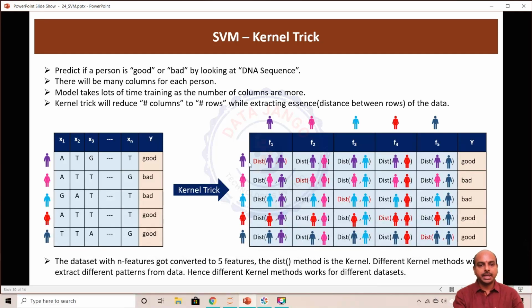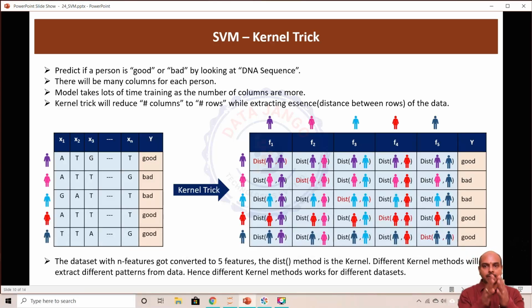Ultimately, each record is taken as a landmark. Suppose the columns are landmarks and rows are the original data records, then the distances between the original record and the landmark are going to be the values. So we are extracting the essence in terms of distance.